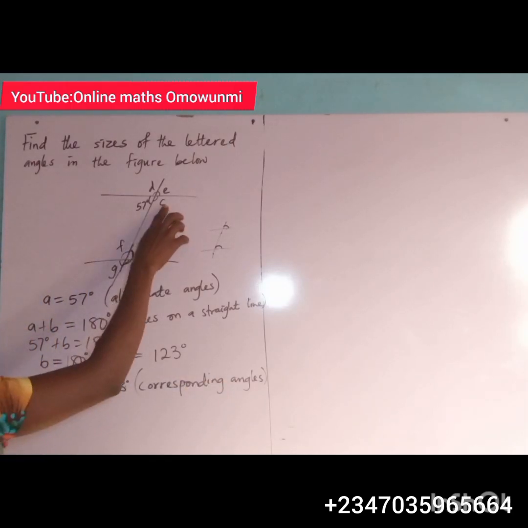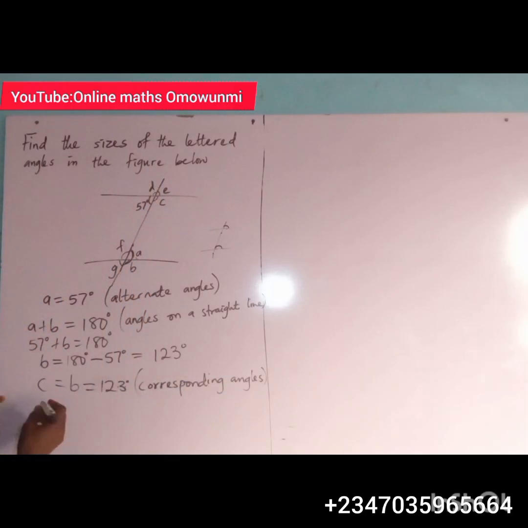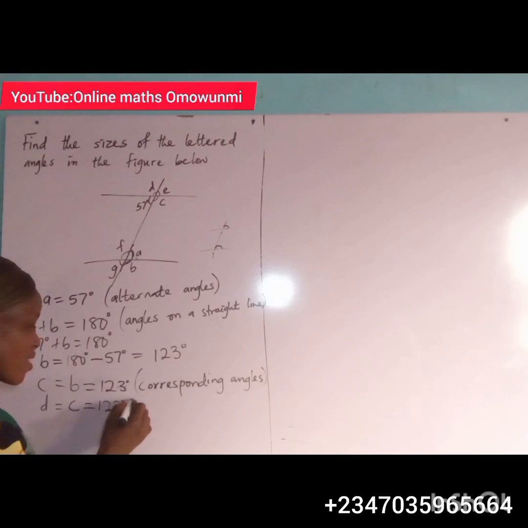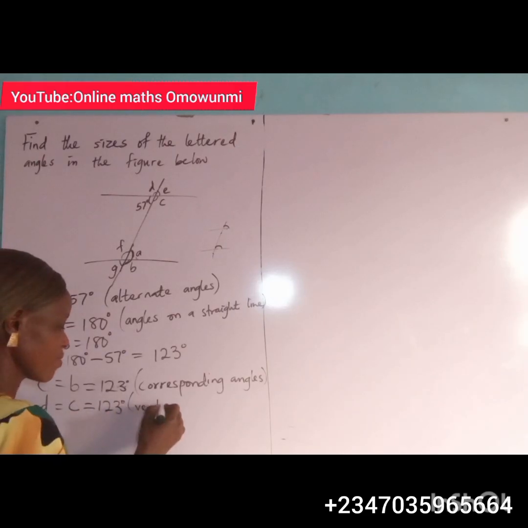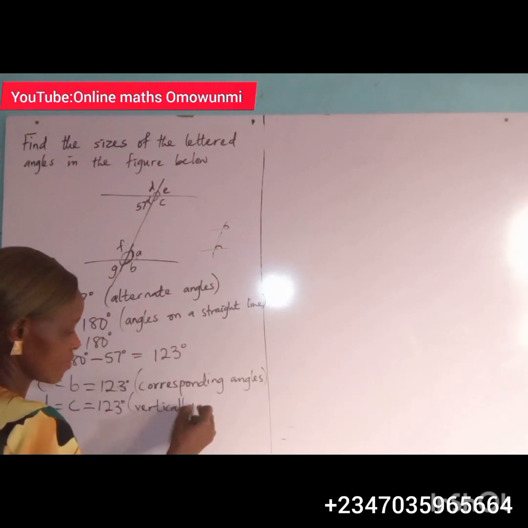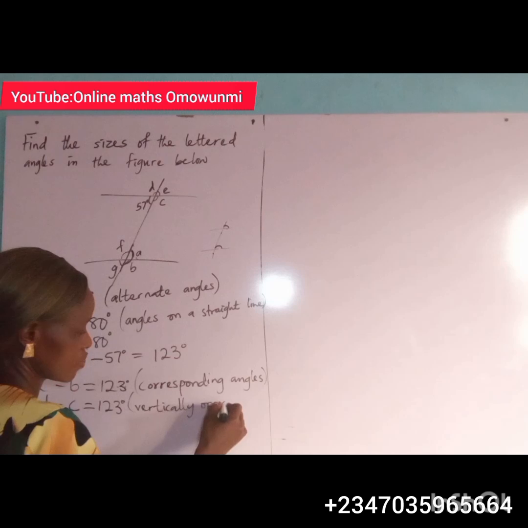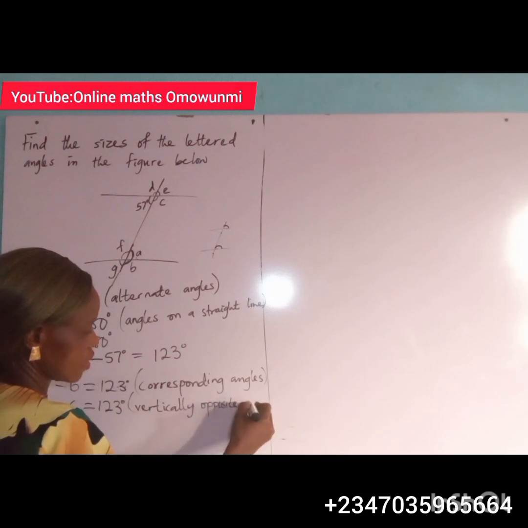Now, after finding our C, D is the next one that we want to find. Our D is equal to C. What's the reason? Vertically opposite angles.